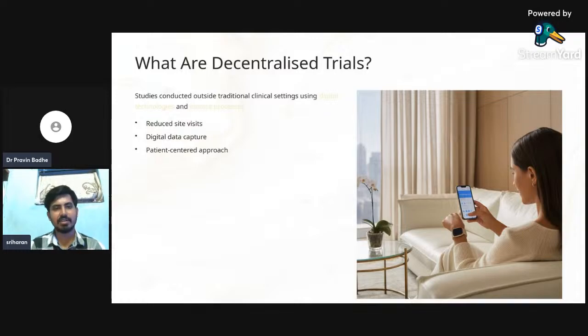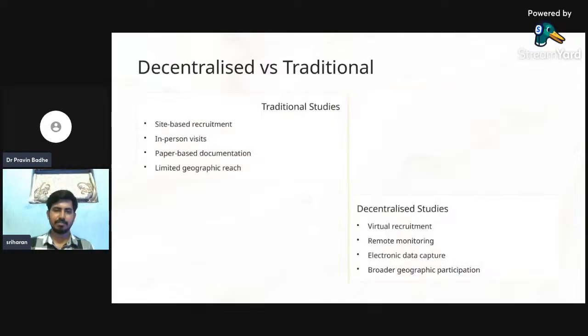Decentralized trial means using digital technology and remote access to conduct the clinical trial. It's not like a traditional trial. It involves remote patient visits, digital data capture using digital technology, and a patient-centric approach.